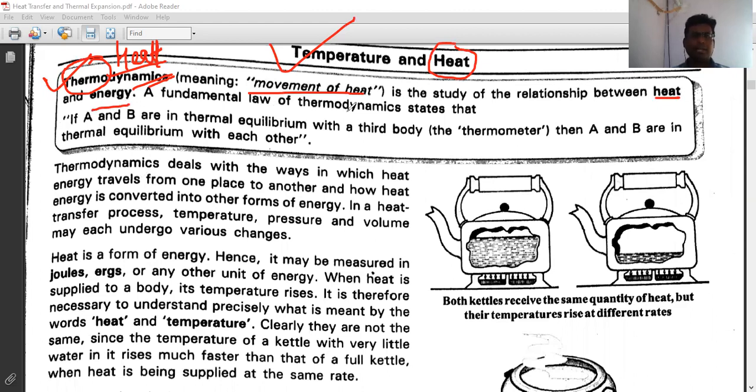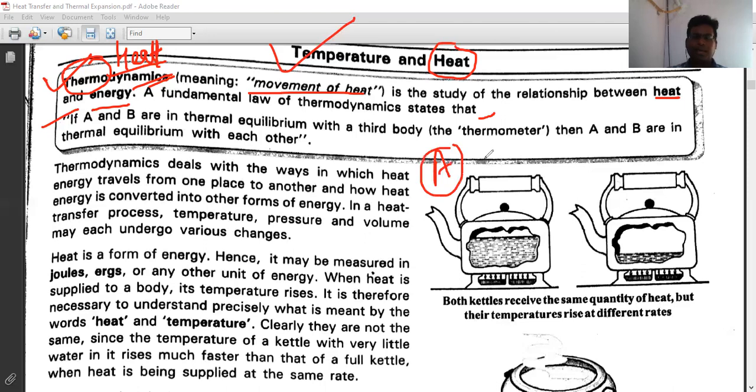Okay. A fundamental law of thermodynamics states that if A and B are in thermal equilibrium with a third body, then A and B are also said to be in thermal equilibrium with each other. Right? I will explain it with an example.